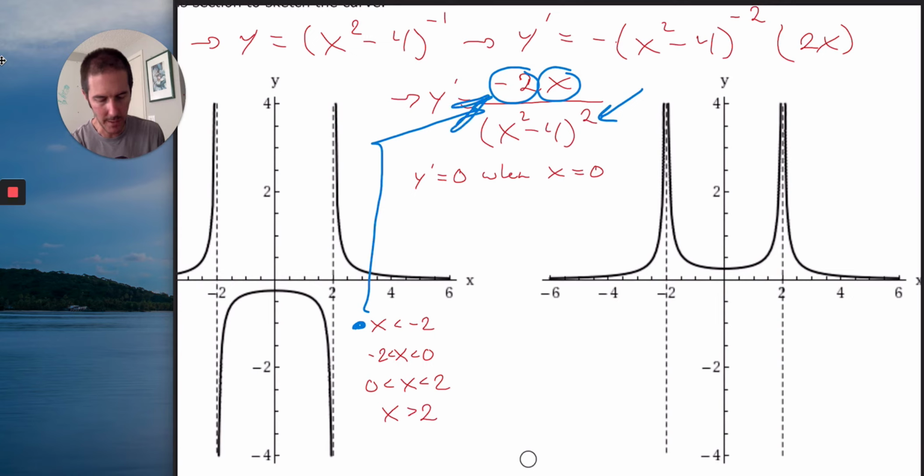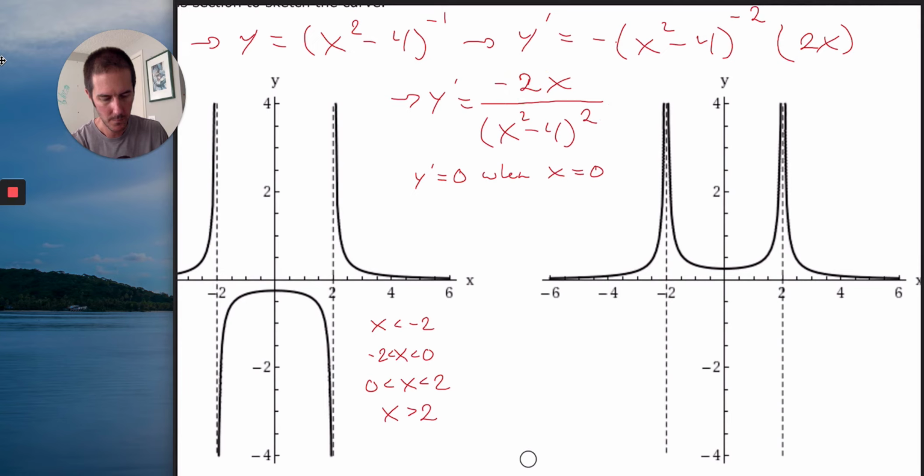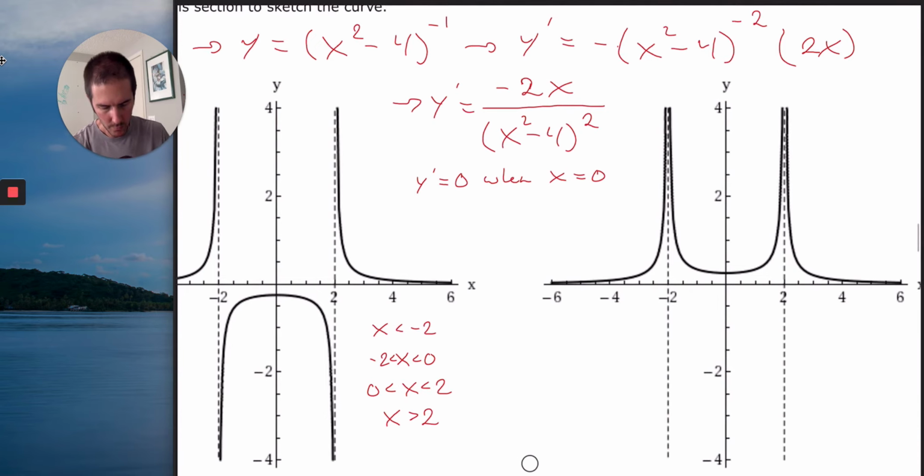Negative 2 times negative 3 makes a positive. Positive divided by a positive, still going to be positive. I'm making a little table. Y prime is going to be positive on that interval.